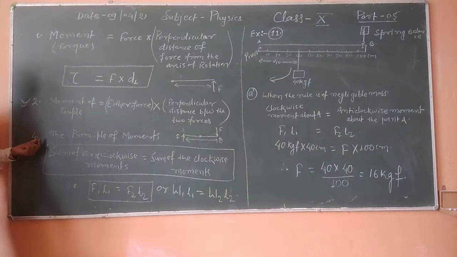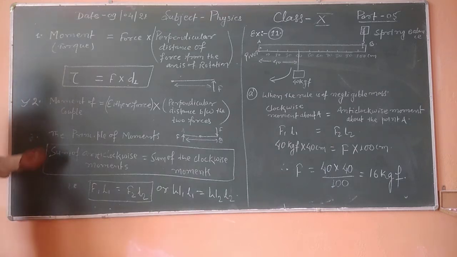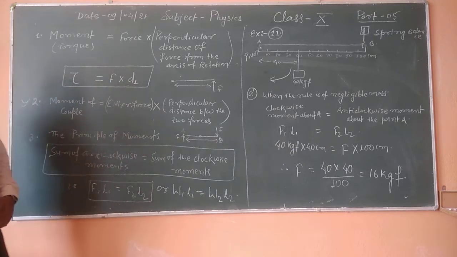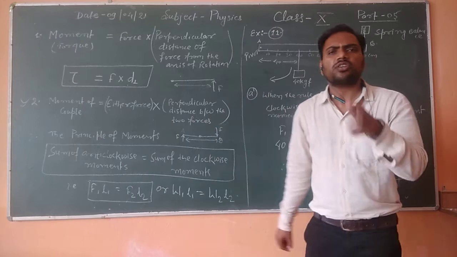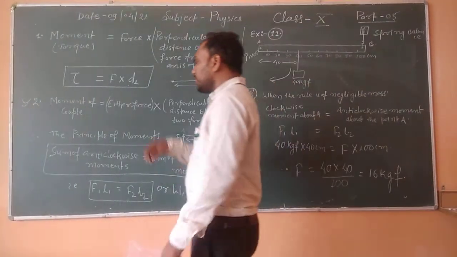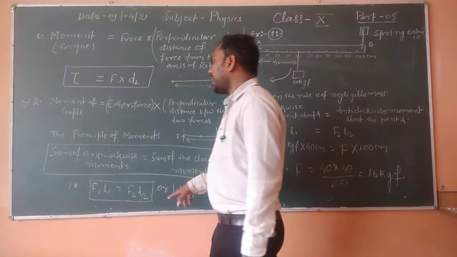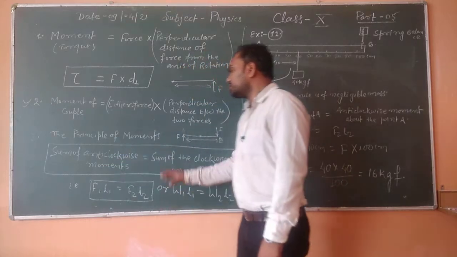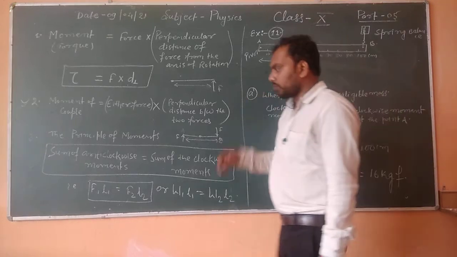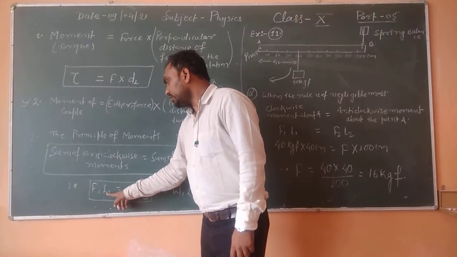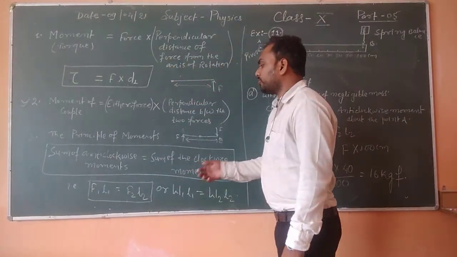Next, in third, we have studied the principle of moment. Principle of moment is similar to conservation of momentum. It means that the sum of anti-clockwise moments is equal to the sum of clockwise moments. The formula is F1 L1 is equal to F2 L2.